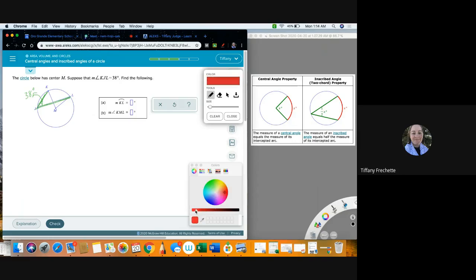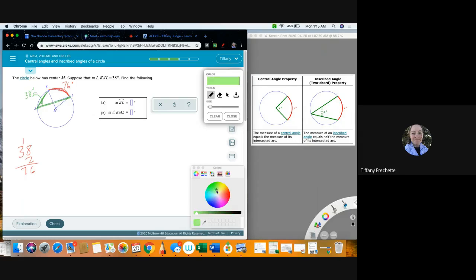And I want to highlight the arc that it's intercepting here. So it's intercepting this arc here. So if I have the angle, and I want to get out to the arc, and this is an inscribed angle, I want to multiply by 2 this time to go out to the arc. So we have 76. So this is a 76 degree arc.